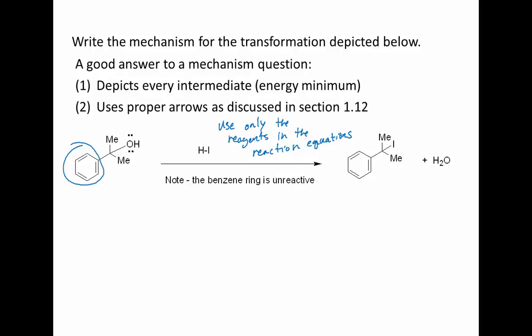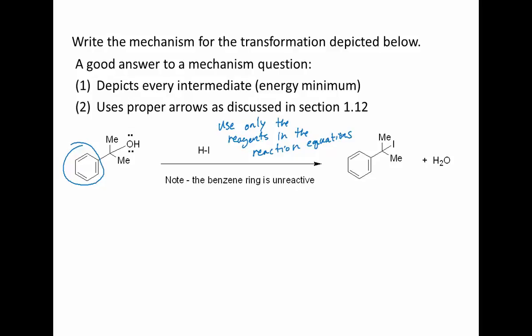We can't bring external reagents out. So some people like to have OH minus doing things. Here this reaction is not that complicated. I can't imagine what else you would want to put in here, but when you do a mechanism problem, always limit yourself to what's in the reaction equation. Okay, if you need something else, whoever wrote the problem didn't write it correctly.